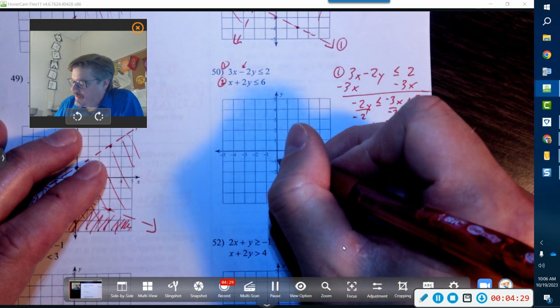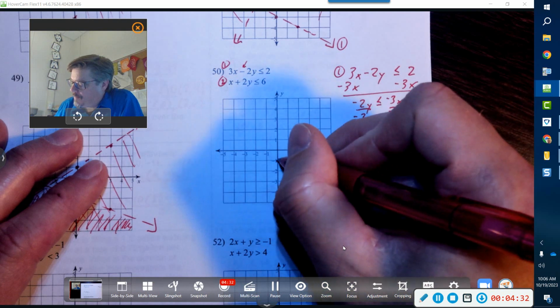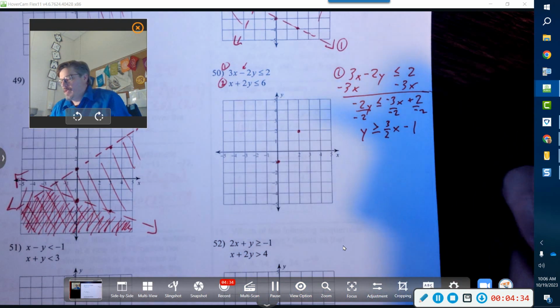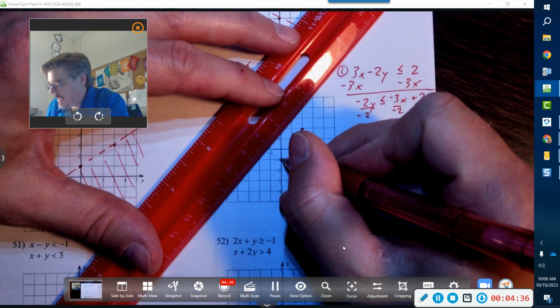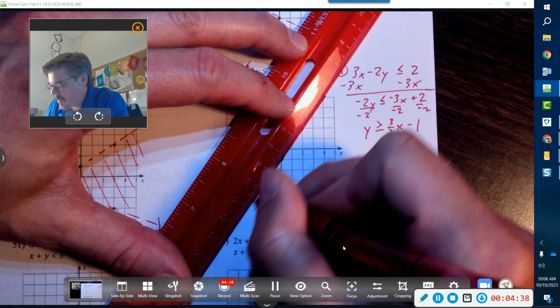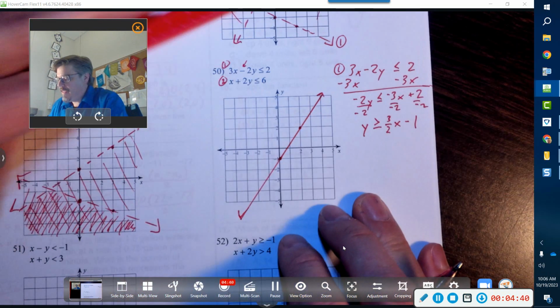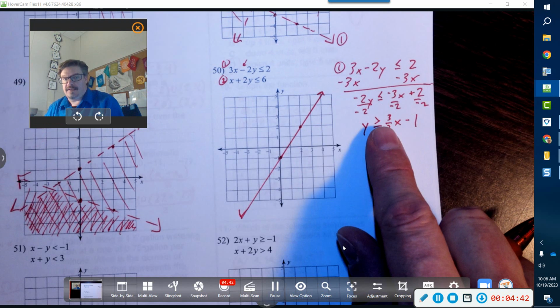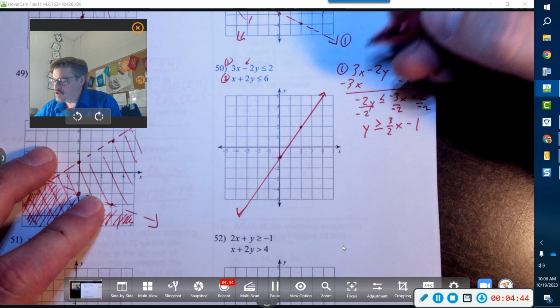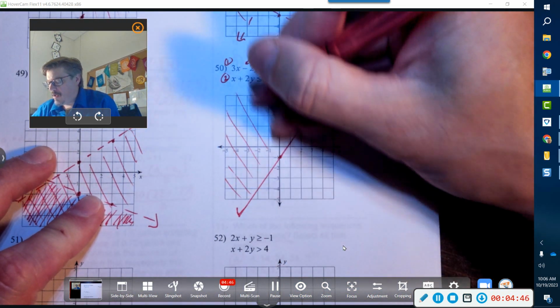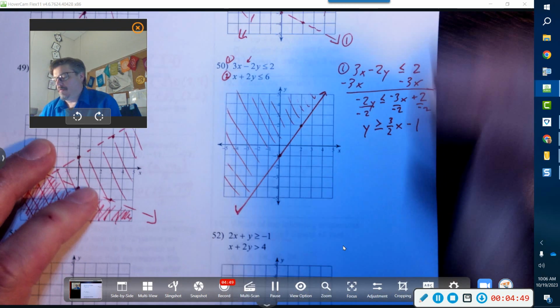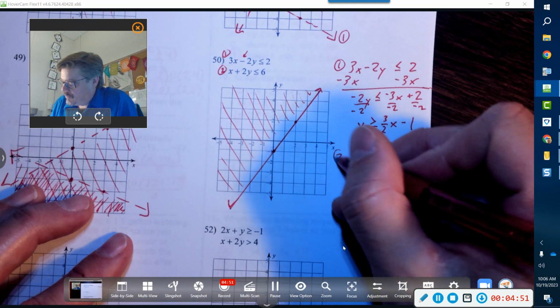So let's go to -1. We will go up 3 over 2. We will do a solid bar. Okay, and then because we flipped the sign, we're shading above. So we are all over here.